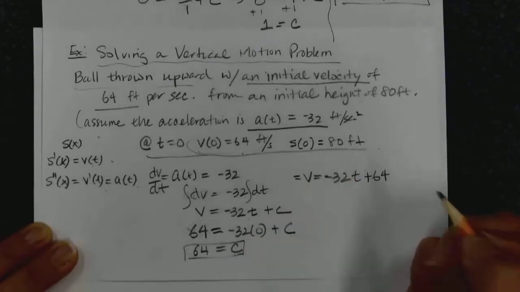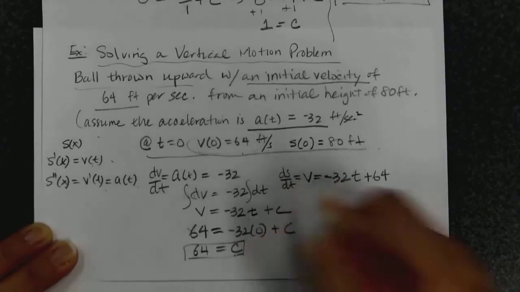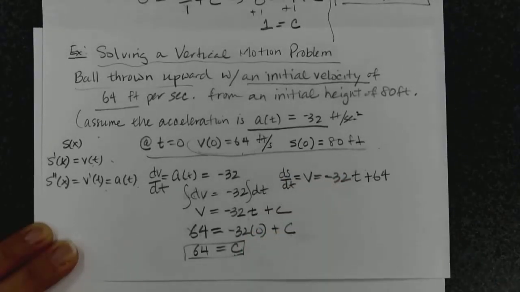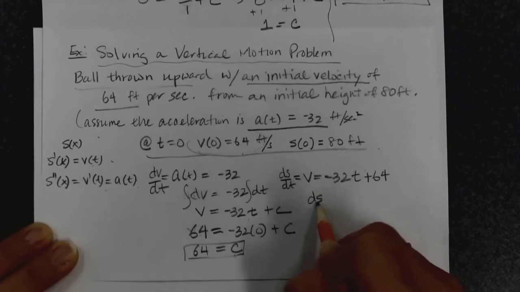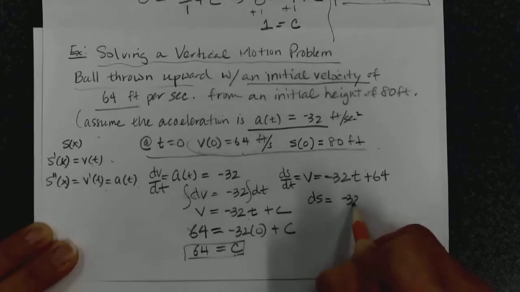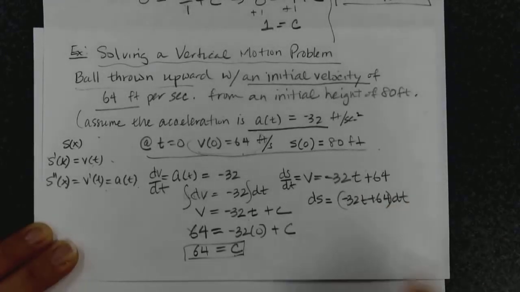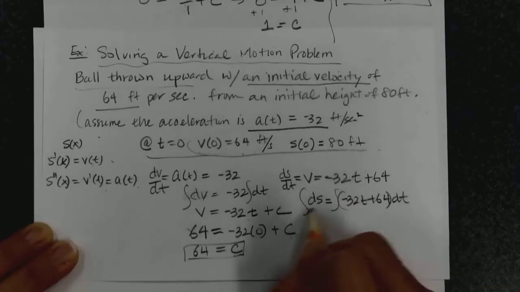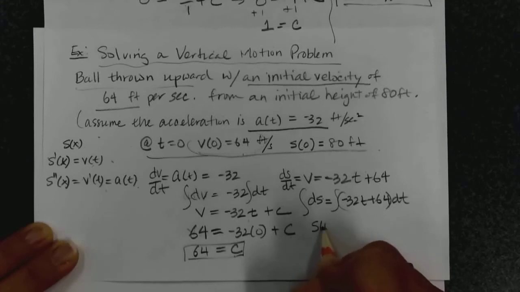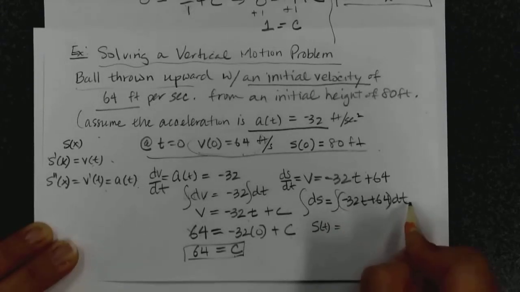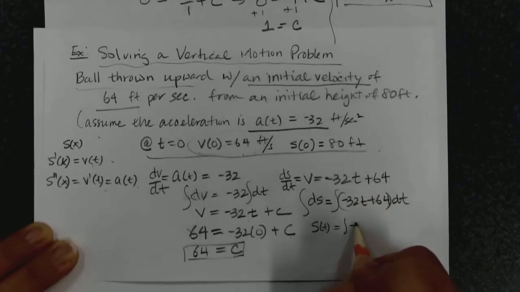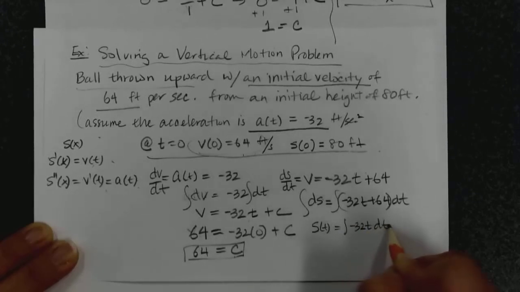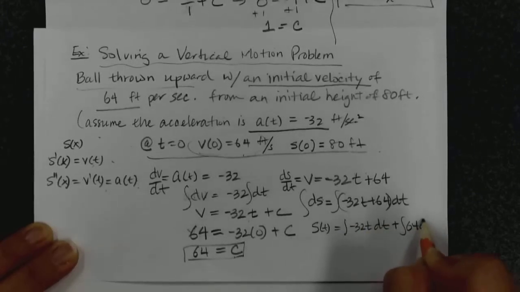So now I'm going to find my position function. Well, velocity is the derivative of the position function, so I'm going to rewrite this as ds equals negative 32t plus 64 times dt. Now we're going to integrate this. The integral of ds is s, which is our position function. That is equal to the integral of negative 32t dt plus the integral of 64 dt.